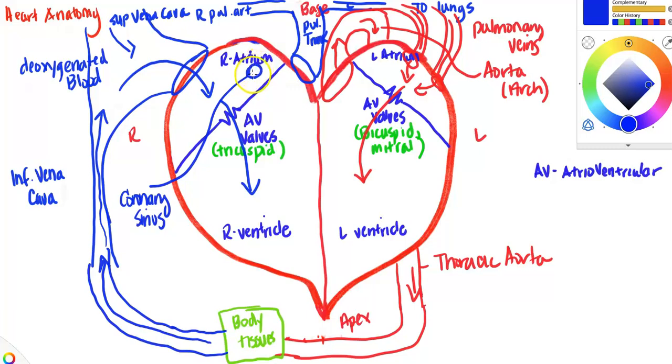into the right atria, and the aorta over here, this red, also has a little thing here, a little artery actually there, sorry, and that is the coronary artery.